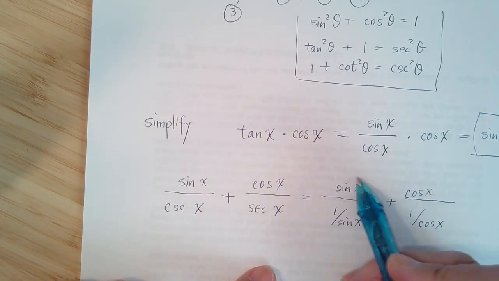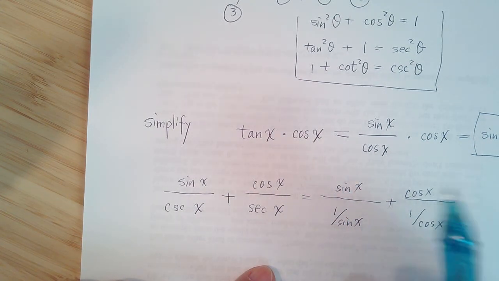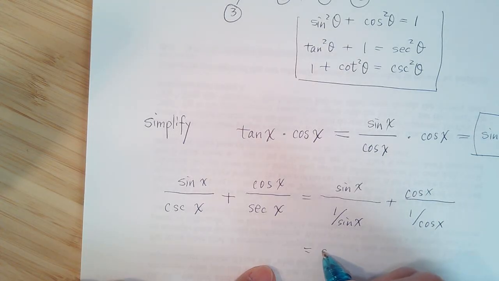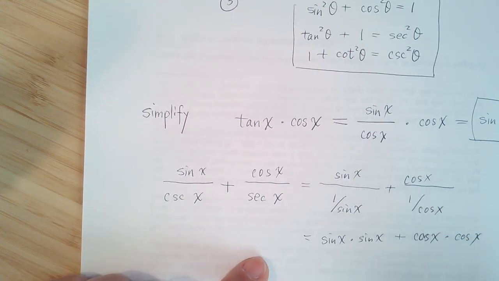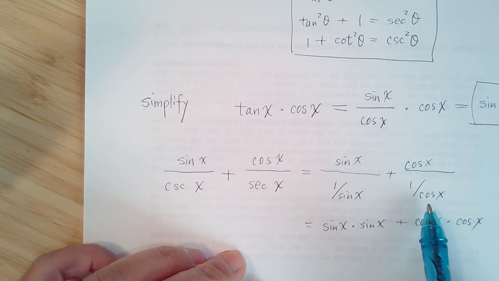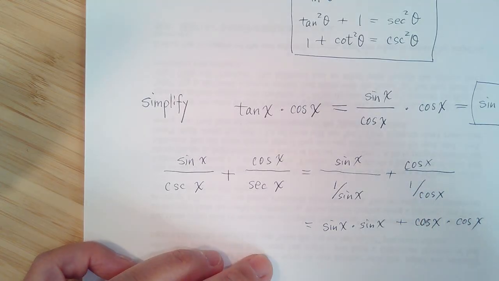Then sine x divided by a fraction means you multiply by the reciprocal of that. So it's going to be sine x times sine x, plus cosine x times cosine x, right? Dividing by a fraction means you multiply by the reciprocal, so you cannot just flip this to the top.